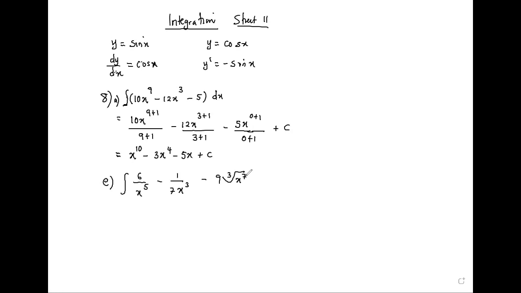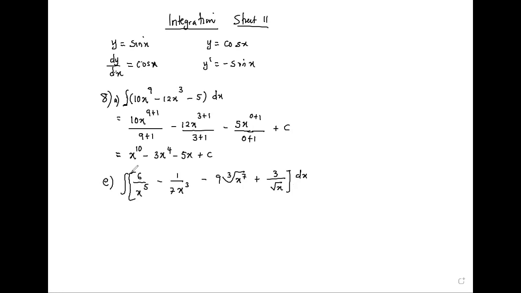Maybe let's also combine and say plus 3 over the square root of x dx. So we just make it a bit interesting. This was supposed to be E, but we have extended it a bit.